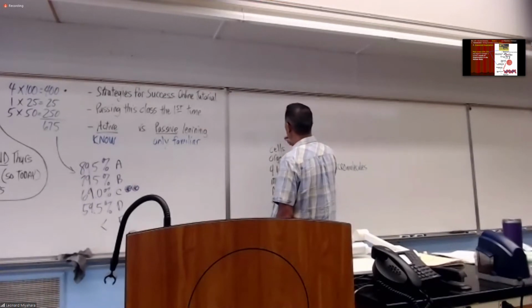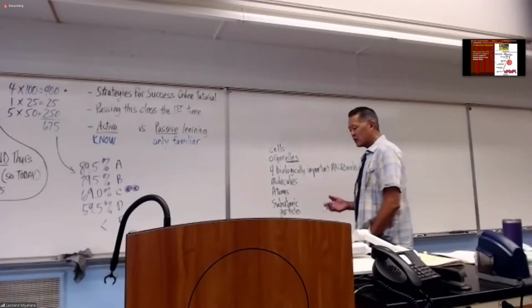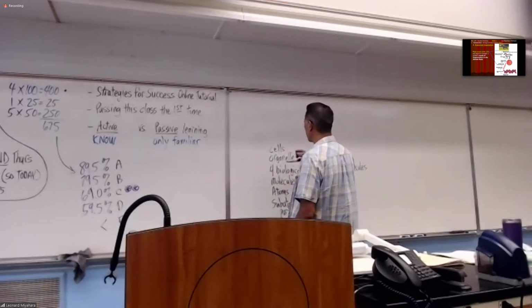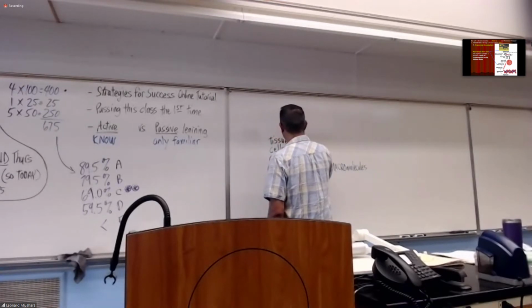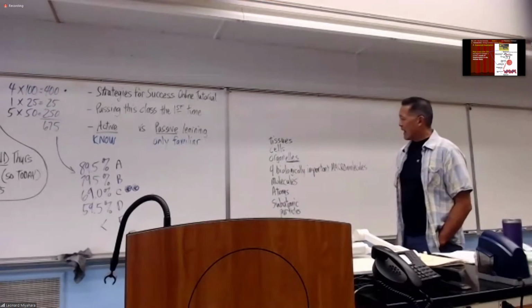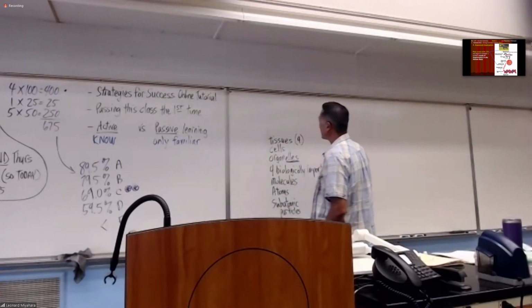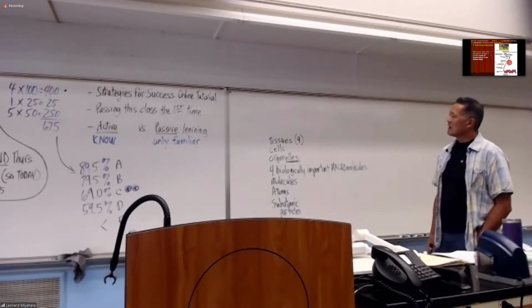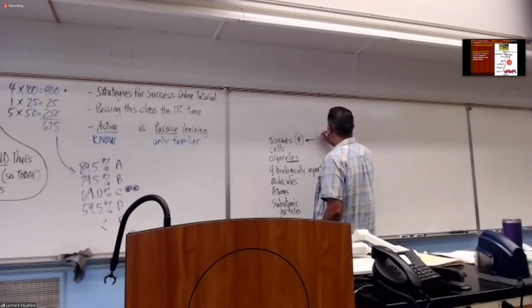And then several similar cells, either structurally or functionally similar cells, will form tissues. And there's only 4 basic types of tissues. 4. And this is the topic of week 1's lab.